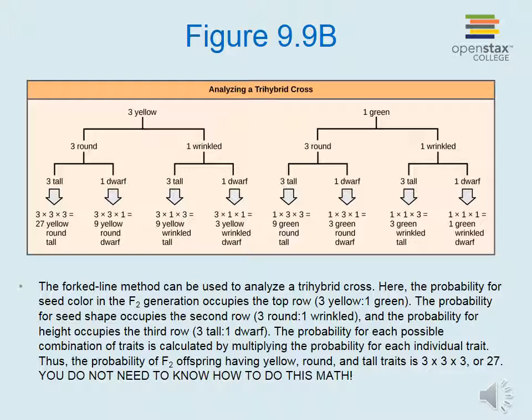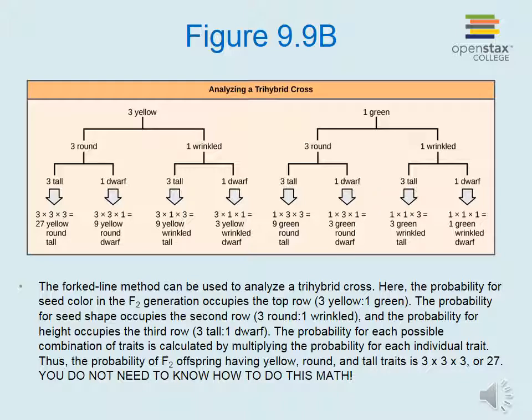The forked line method can be used to analyze a trihybrid cross, which would follow transmission of 3 traits. Here, the probability for seed color in the F2 generation occupies the top row, 3 yellow to 1 green. The probability for seed shape occupies the second row, 3 round to 1 wrinkled. And the probability for height occupies the third row, 3 tall to 1 dwarf.